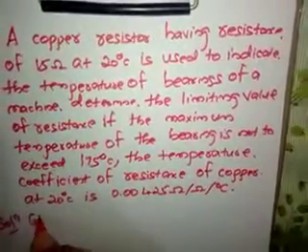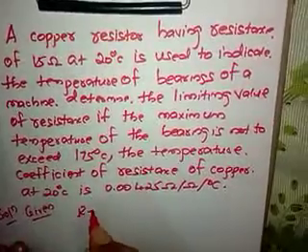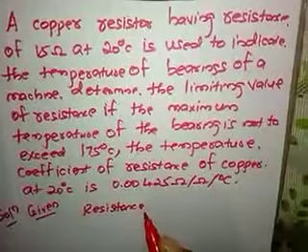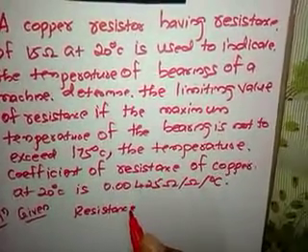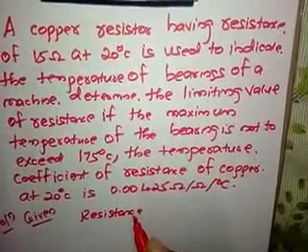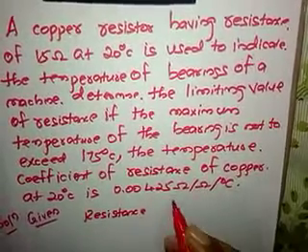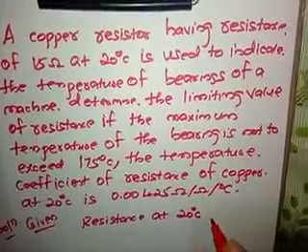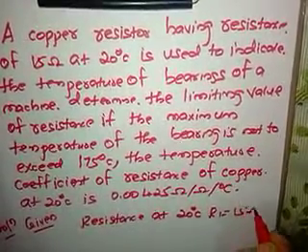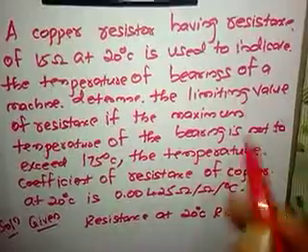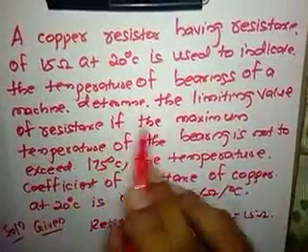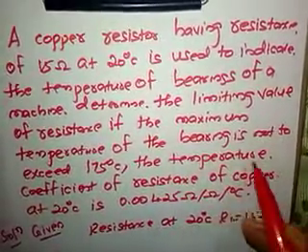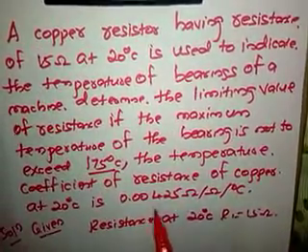Write the given details. Resistance at 20 degrees Celsius, R1 is equal to 15 ohm, right? Then what else is given? The temperature of bearings of a machine is to be indicated. Determine the limiting value of resistance if the maximum temperature of the bearing is not to exceed 175 degrees Celsius.